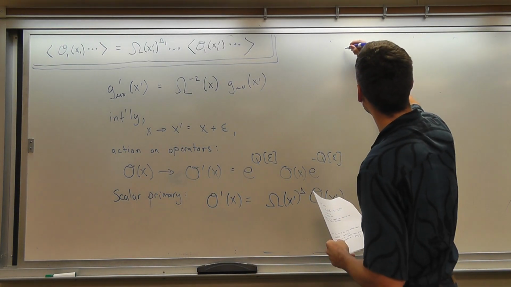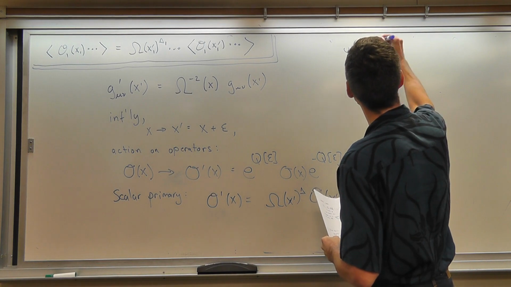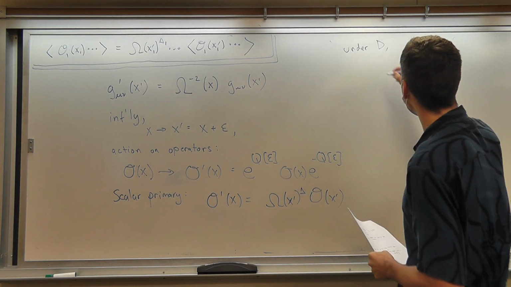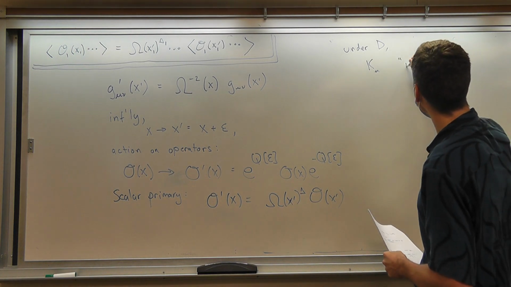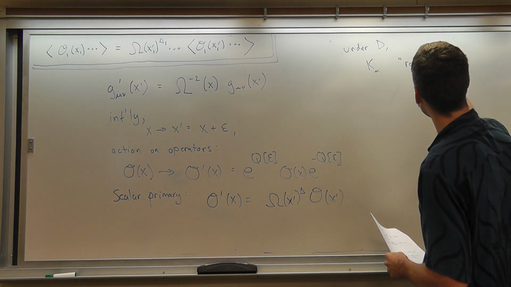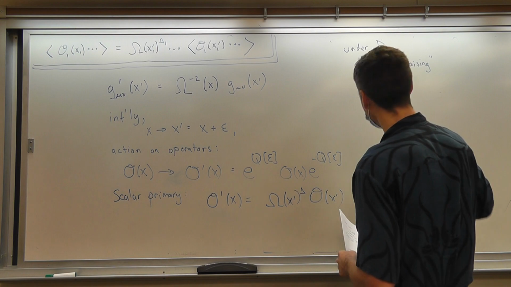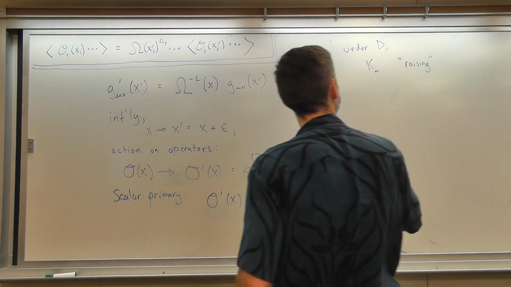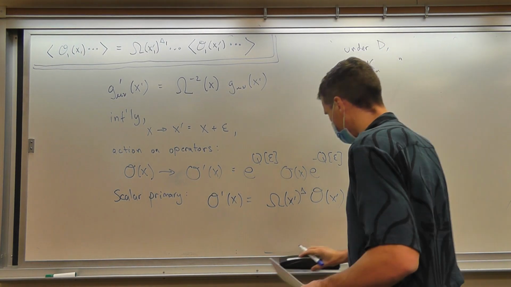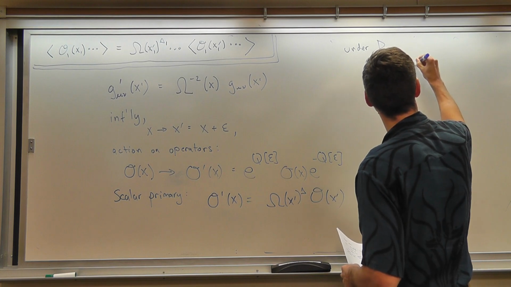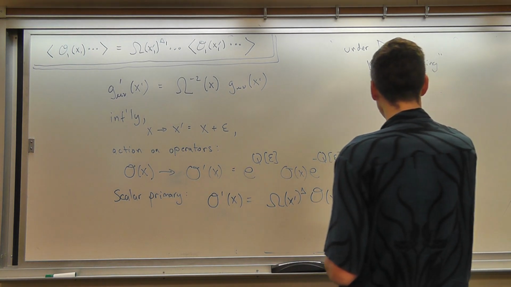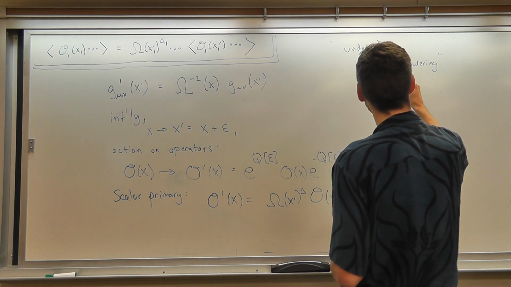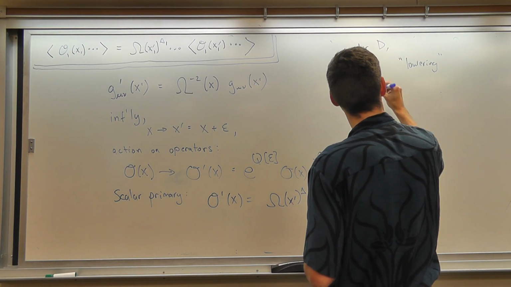Now, under dilatations, K mu, the special conformal generator, acts as a raising operator. Or sorry, other way. Lowering operator. So acting with special conformal decreases the scaling dimension.